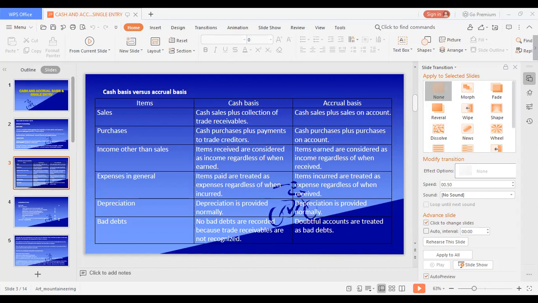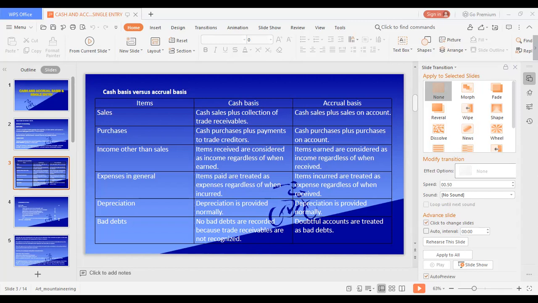Then we go to 14-3. What amount of revenue should be reported for the current year under the cash basis of accounting? So in 14-3, we begin with accounts receivable on January 1. January 1, customers owed 1 million. December 31, 750,000. So here we find the beginning and the ending balances.